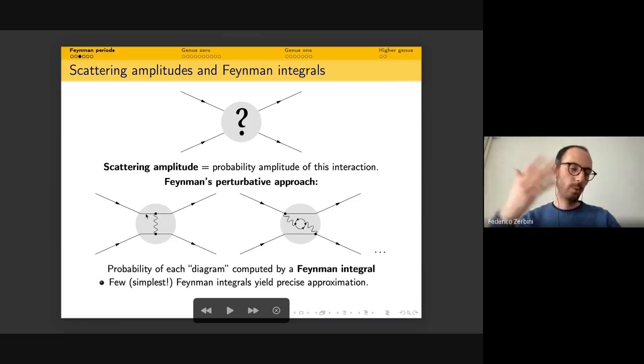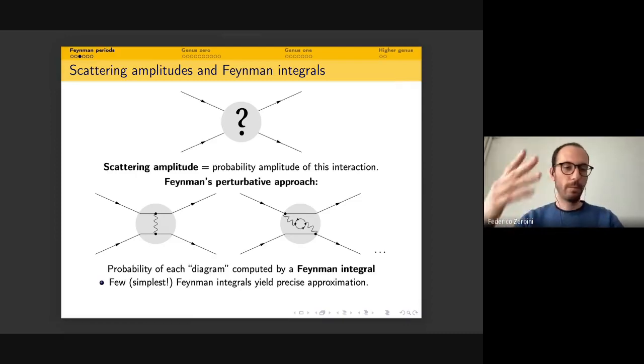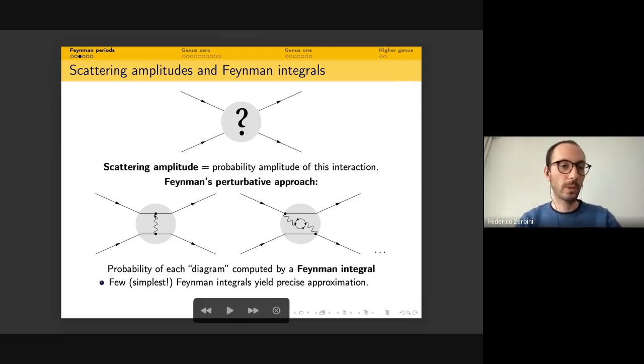You have to build some kind of models of the possible interactions. It turns out that you can reduce the combinatorics of all the possible things happening to some graphs, which are the famous Feynman diagrams. So these are two examples, and then there is more.